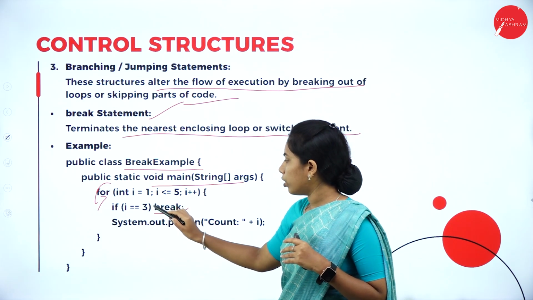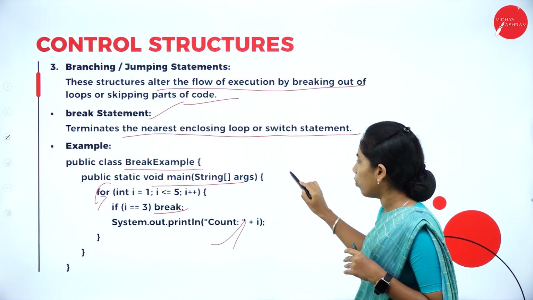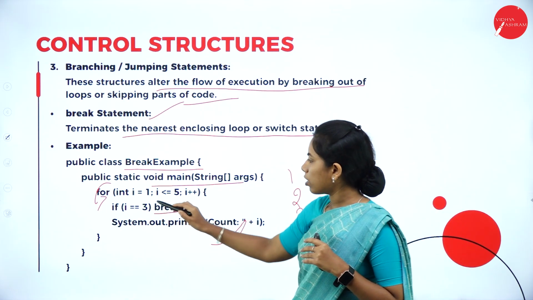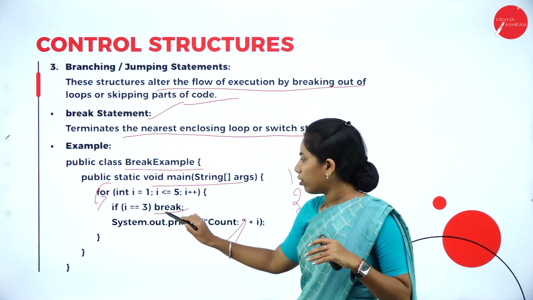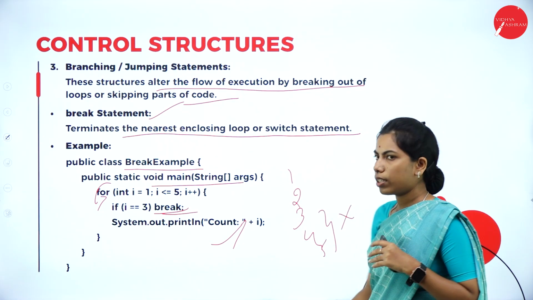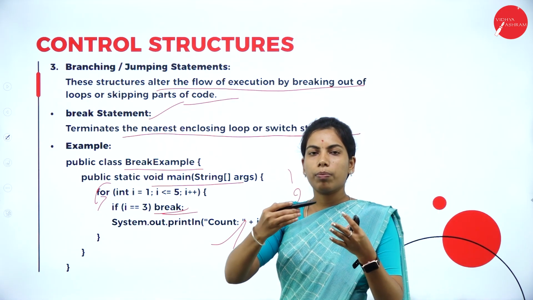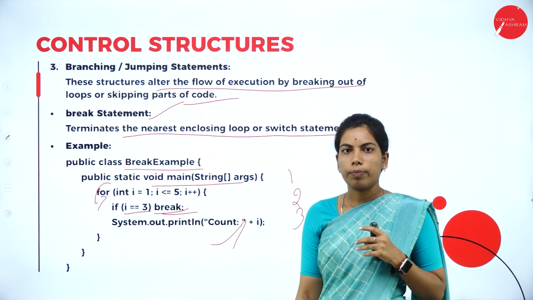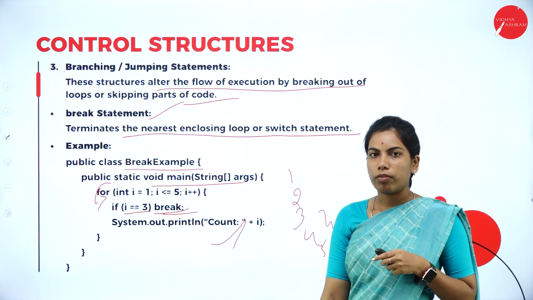When I is equal to 3, it keeps on printing 1, 2, 3. Why? Because 3 is equal to 3. In that case it will break, and 4 and 5 are not generated. Because in the series of printing the 5 numbers, it breaks at I equal to 3. So that is how the break statement works.